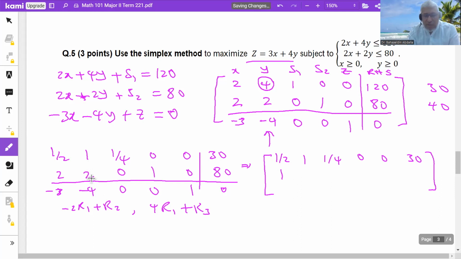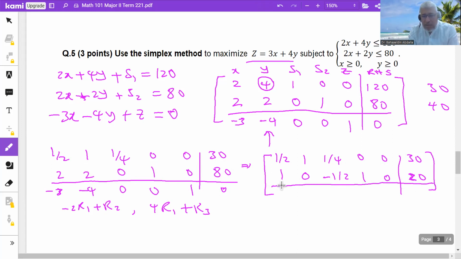Negative 2 times 1 plus 2, that's 0. Negative 2 times 1 over 4 is negative half plus 0, so I have negative 1 over 2. Negative 2 times 0 is 0 plus 1. Negative 2 times 0 is 0 plus 0. When you have zeros, it doesn't change the numbers below. Negative 2 times 30 is negative 60 plus 80, that's 20.